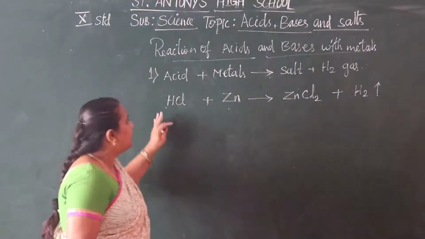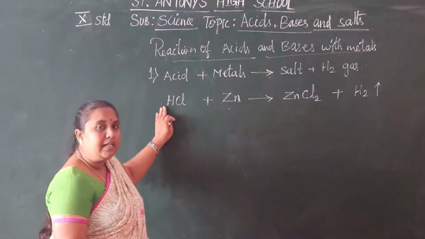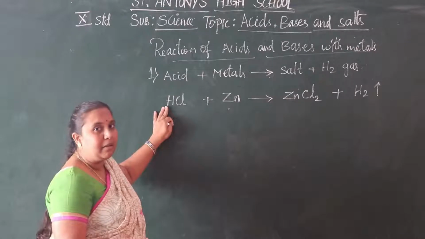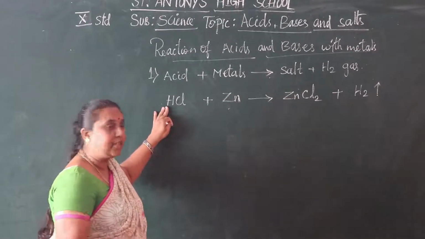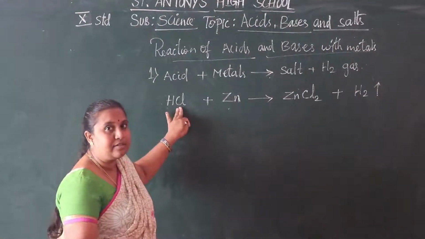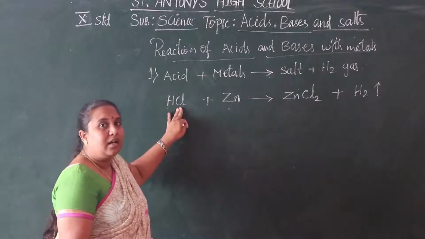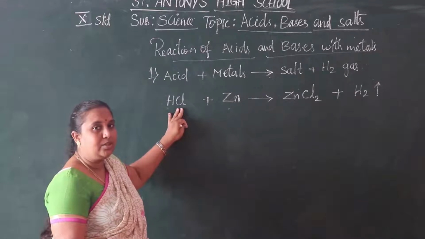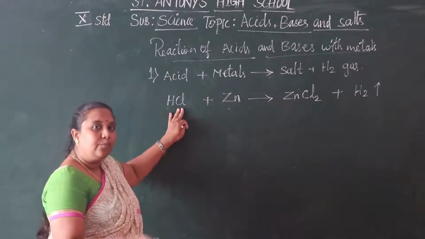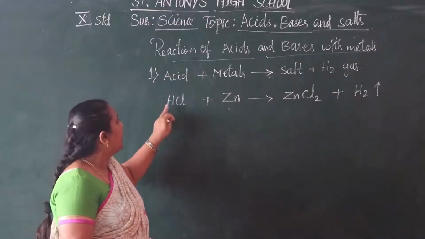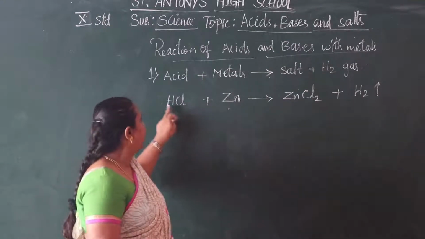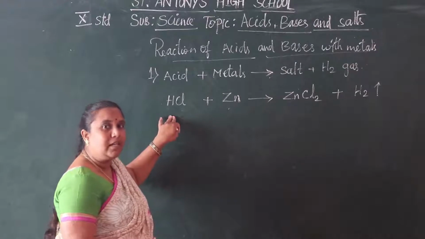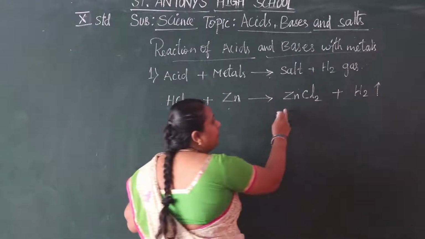See here, is this reaction balanced or not? In any reaction, the equation must be balanced. You know that from chemical reactions and equations. Wherever we write an equation, we have to write it balanced. See here, on the reactant side there is only one hydrogen molecule, but in the product side we have two.